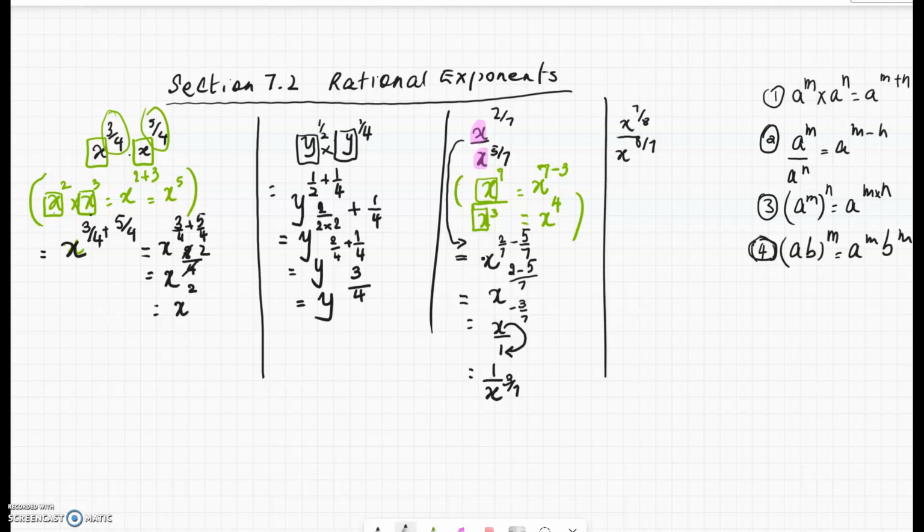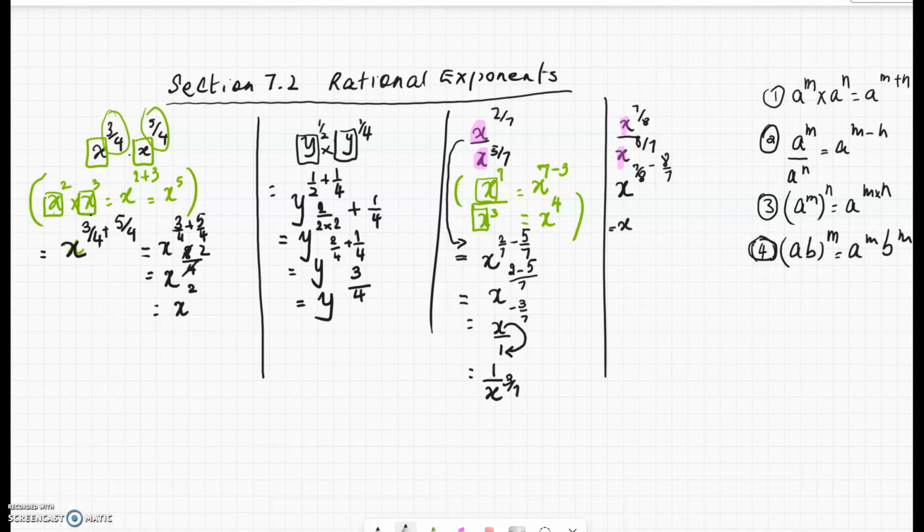Same thing here. Notice the base is the same. We're doing division. Division goes with subtraction of exponents. Write down the base, go in this exact same order. The exponent of the numerator minus the exponent of the denominator.